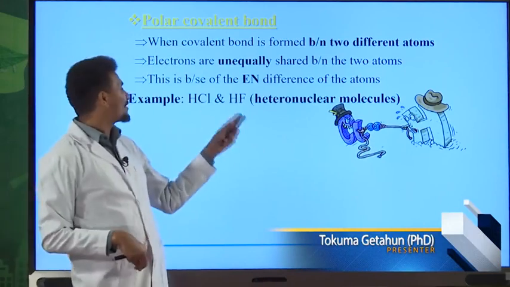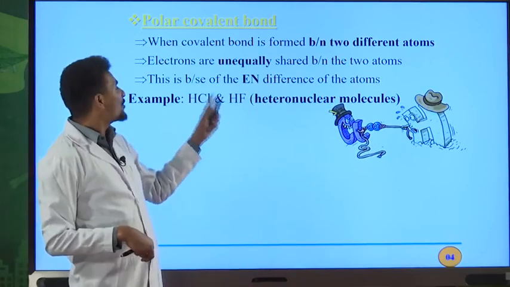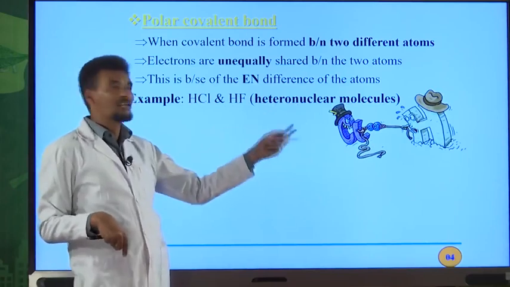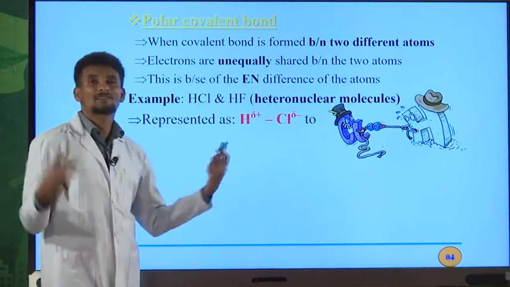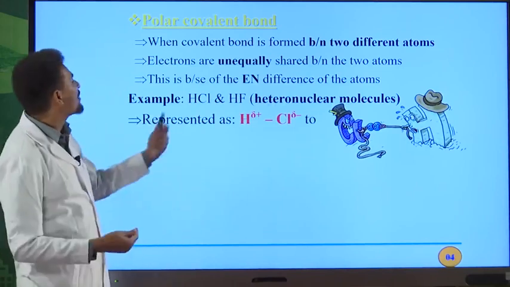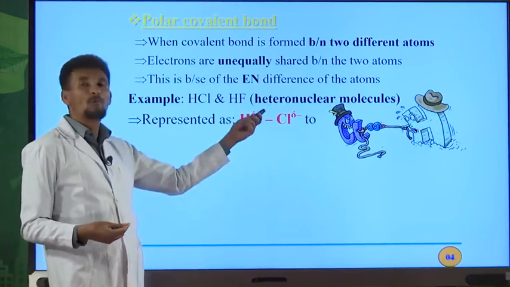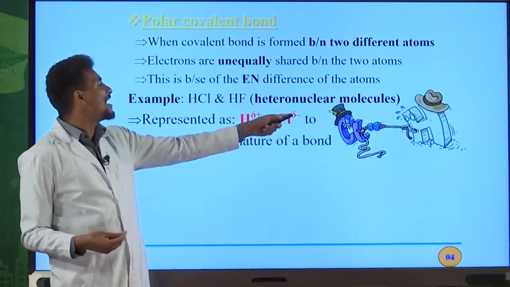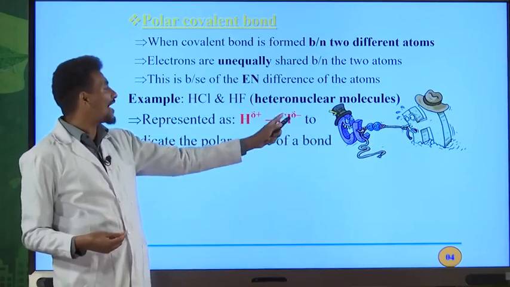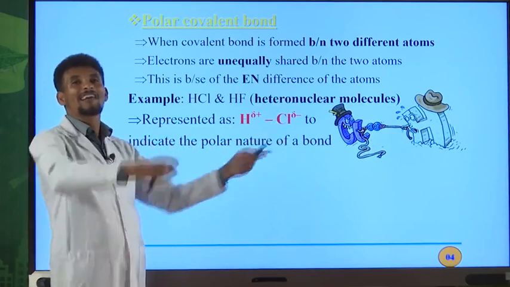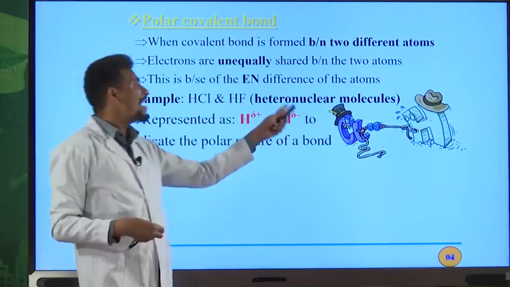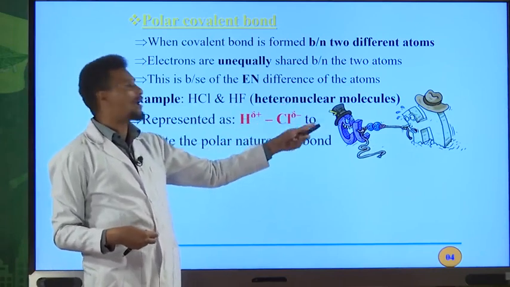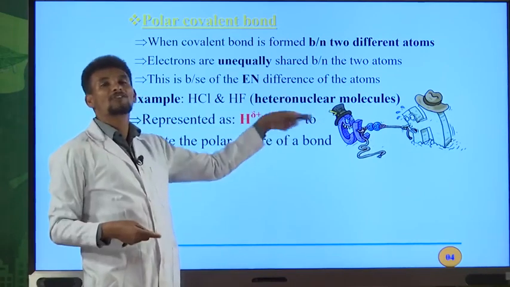This is the best example. The bond between hydrogen and fluorine atoms is also a polar covalent bond. And this type of bond can be represented as H delta positive and Cl delta negative. Because of the electronegativity of chlorine, chlorine attracts the electrons to itself, so it acquires this delta negative, also named partially negative.